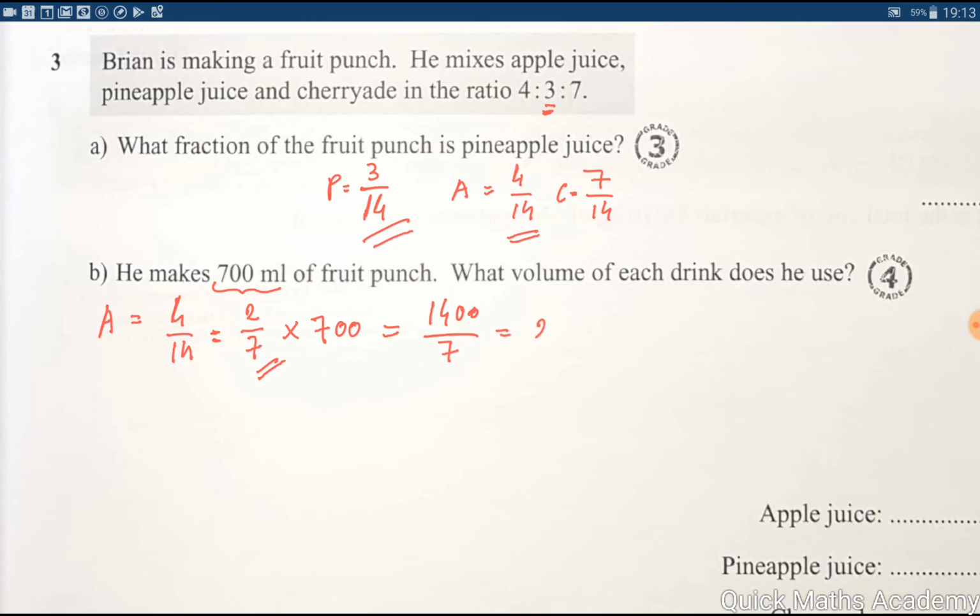This will give me 200 milliliters, and that's for the apple juice.